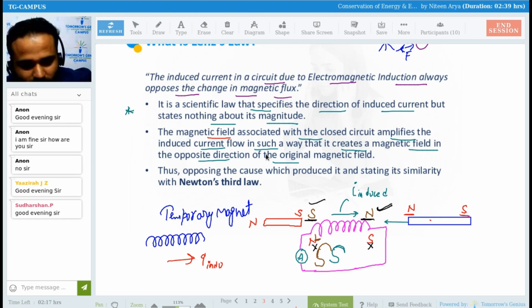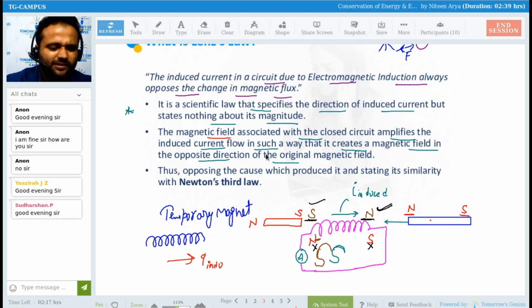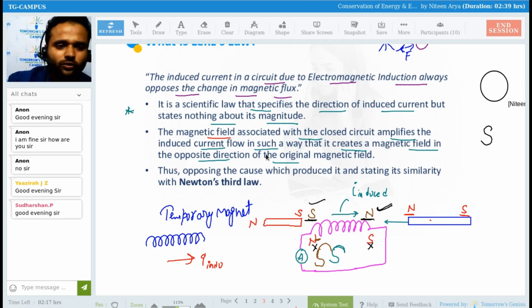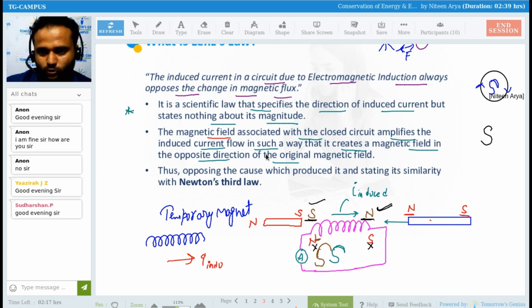What happens to me right now? Is this clear? South and north is very easy. For the guys who don't know, if in any particular circular coil the current is flowing in this way, what does this mean? South. This particular coil gives me the south pole of a magnet.